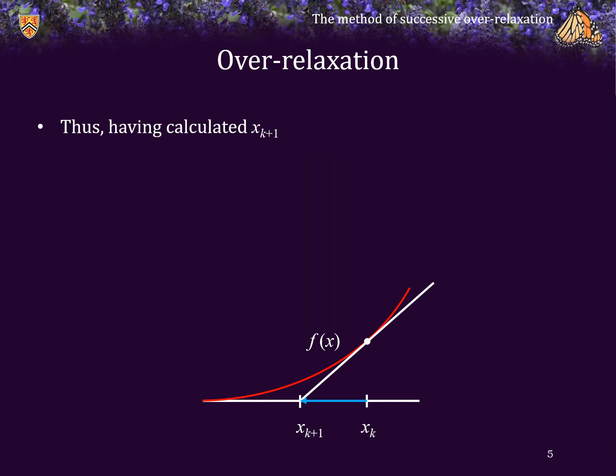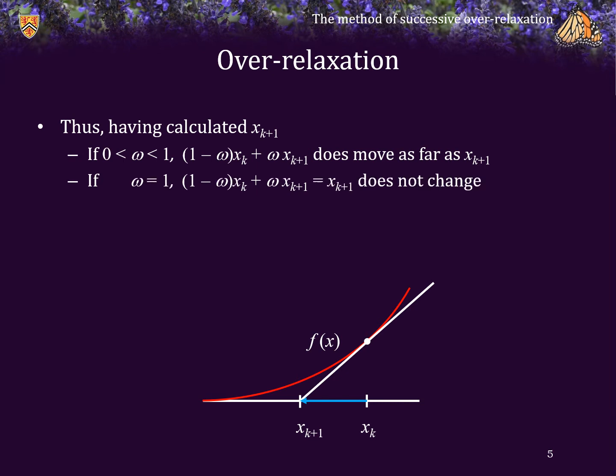Having calculated the next point, x_{k+1}, by whatever algorithm you're using, if you choose a value of omega between 0 and 1, then this over-relaxation does not move as far as x_{k+1} originally did. This may be useful if you are overshooting the target and bouncing back and forth towards what you are trying to converge towards.